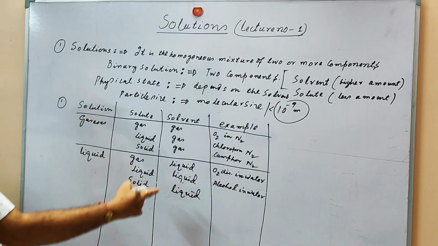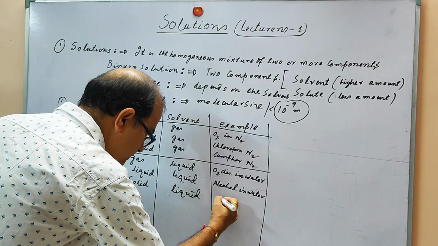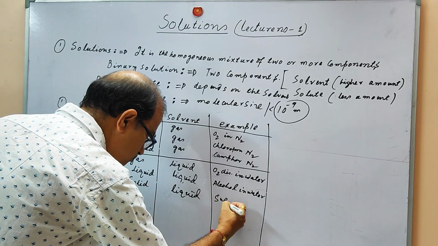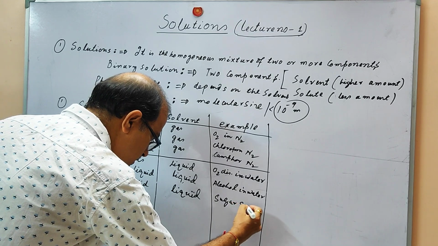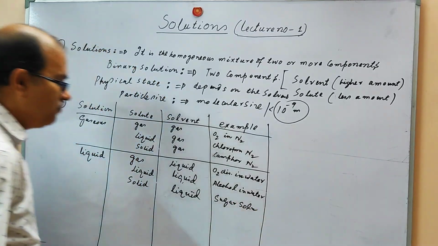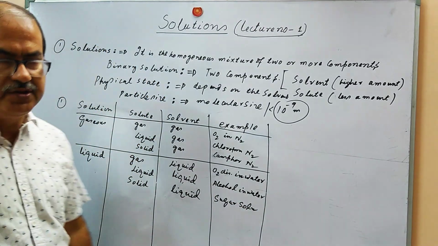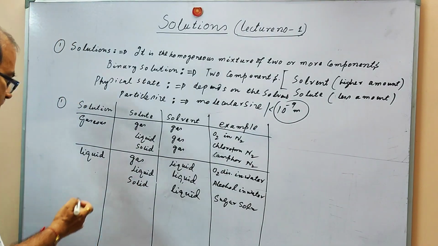Solid is the solute and liquid is the solvent. A very simple example is sugar solution, where the solute is solid and the liquid is the solvent.